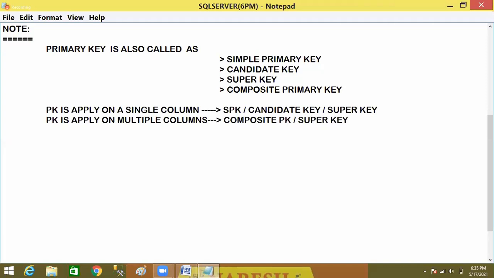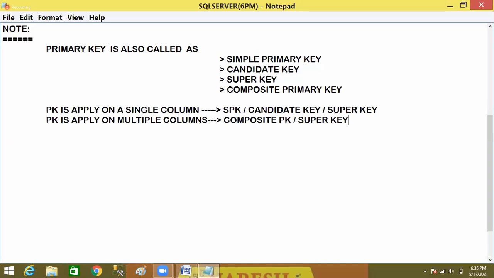So what is the conclusion here? Every primary key column is called simple, candidate, and super. And when you apply your primary key on multiple columns, we can call it composite or super, because super key means either a single column or a combination of columns. So these are the definitions of super and candidate.